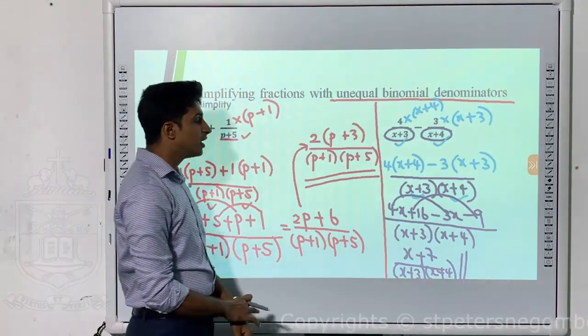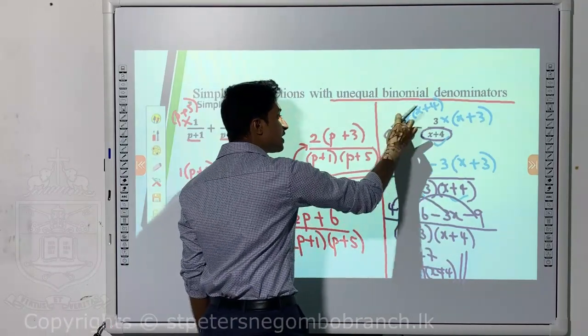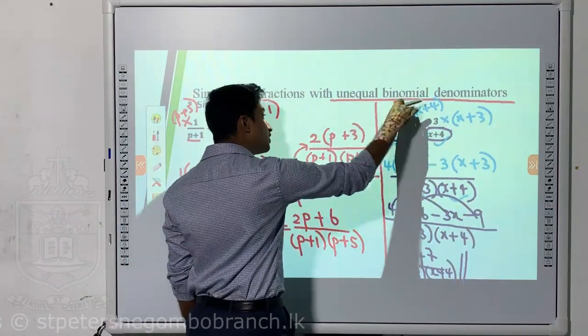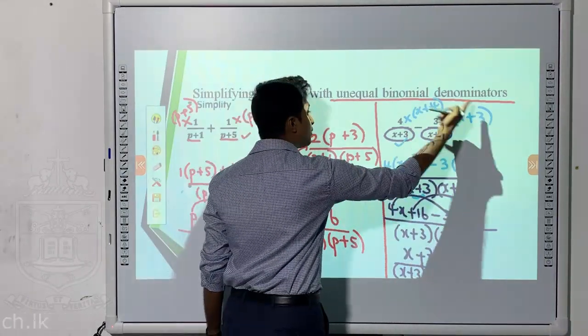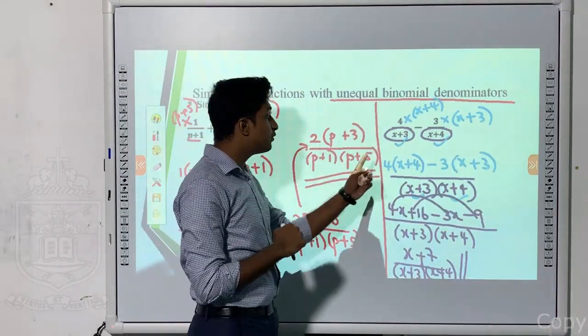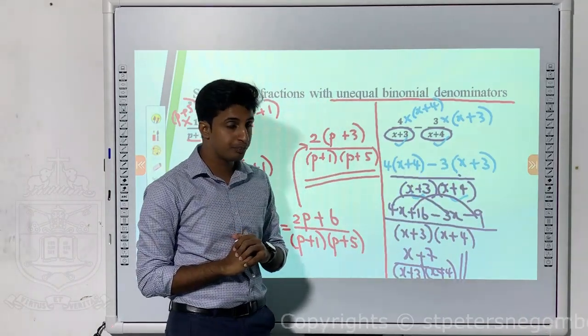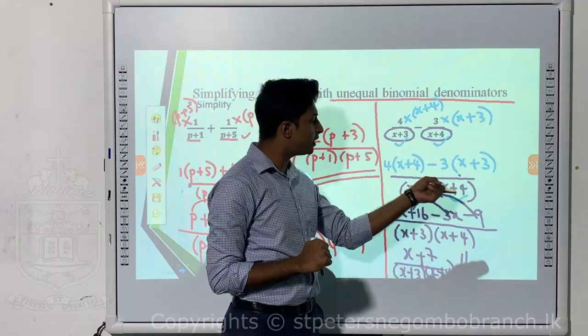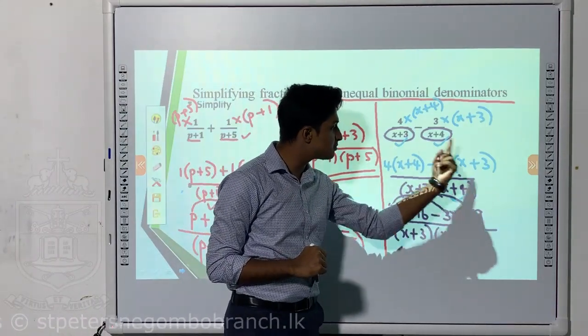Check very carefully. What I did was I took the common denominators, and checked whether for this fraction I don't have x plus 4, so I have to give x plus 4 to that. For this fraction I don't have x plus 3, so I have to give x plus 3 to that. Then I have to multiply, put the brackets properly, then open out the brackets properly. So 4x plus 16 minus 3x minus 9.